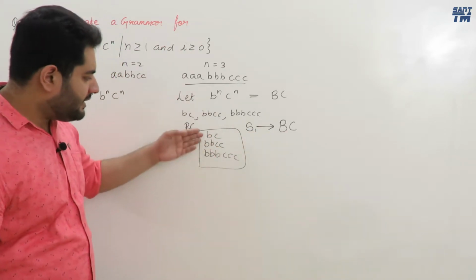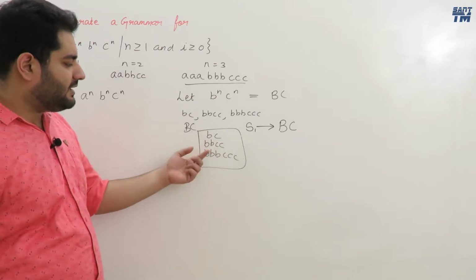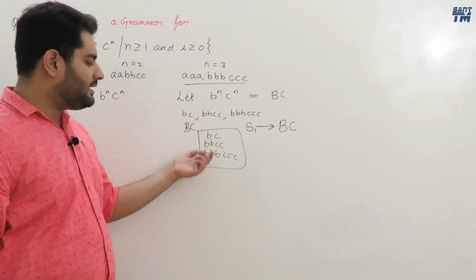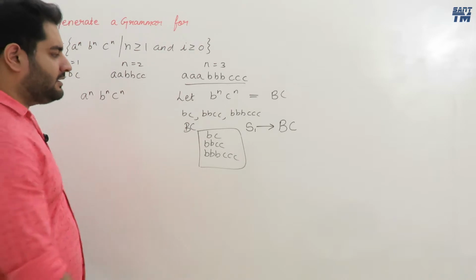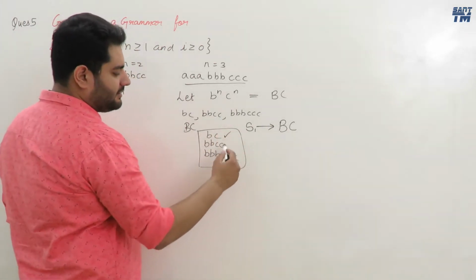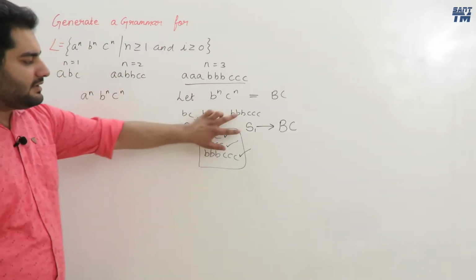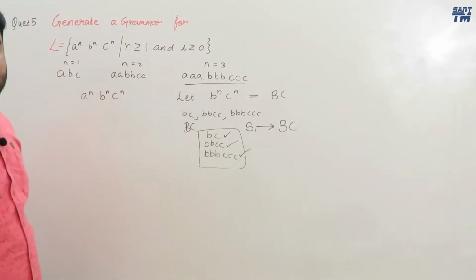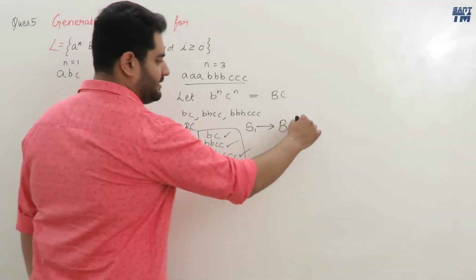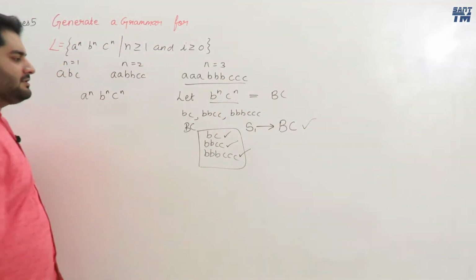And what is BC? Any string which is a combination of B and C such that B comes before C and B and C are equal in number. This is also under BC, this is also under BC. So a single production can derive all the strings of b^n c^n. So this production is enough for this language.